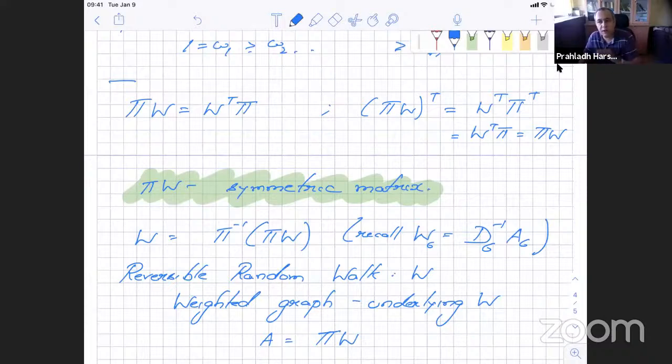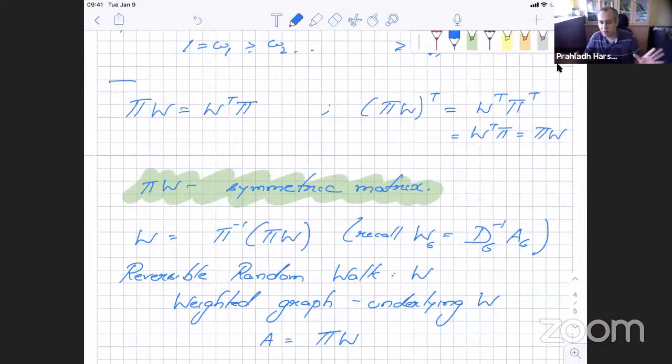But modulo that fact, this is exact. So the generalization from weighted undirected graphs to reversible matrices is not really a generalization. In fact, these are the same object. Any reversible random walk matrix is in fact a weighted undirected graph.